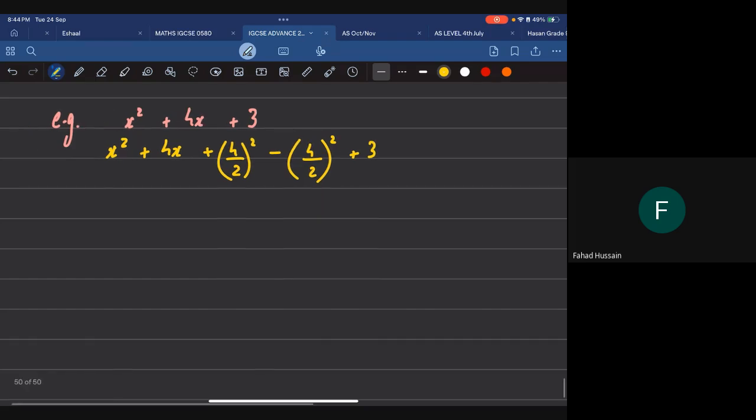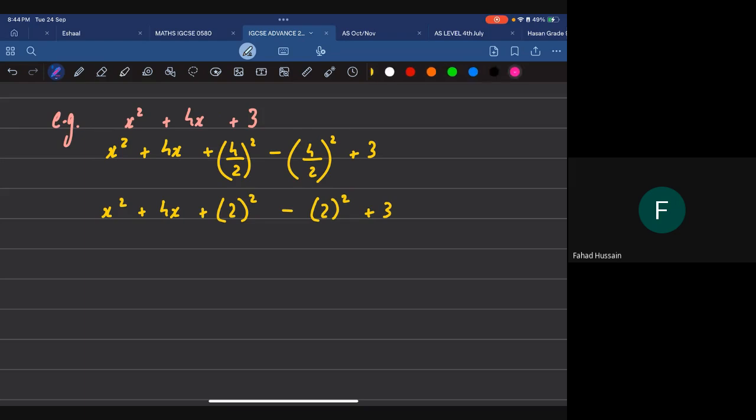Clear? Now, what are we left with? x squared plus 4x plus 2 whole square minus 2 whole squared plus 3.